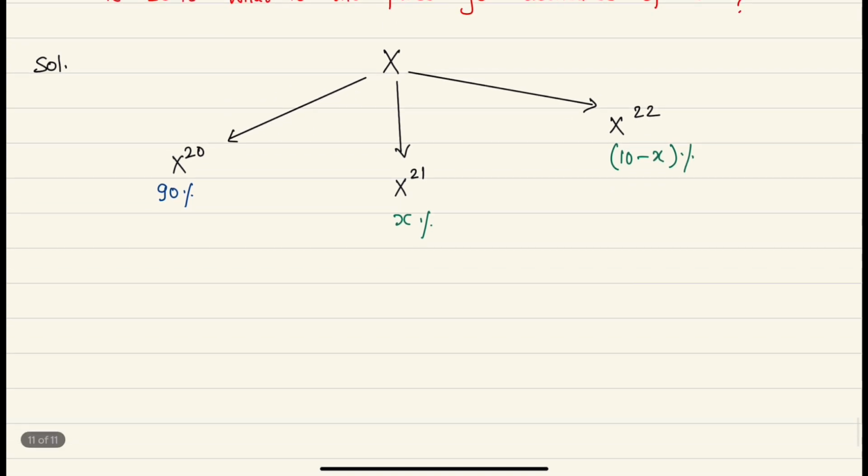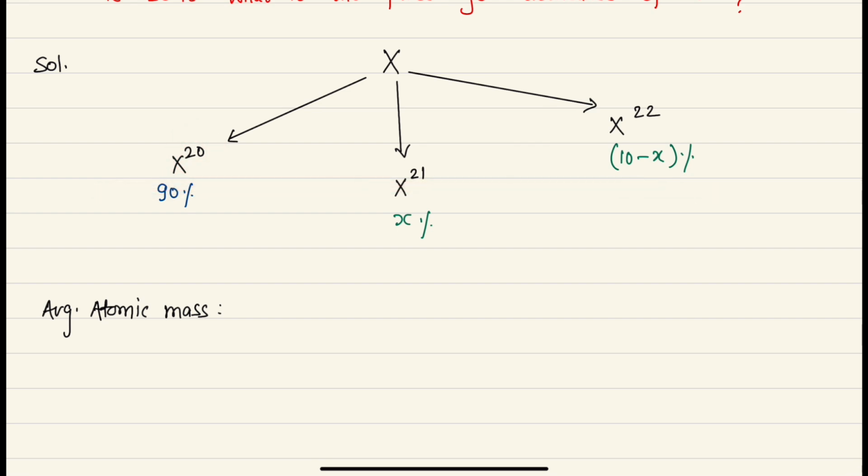Right. Now apply the simple logic for how to find the average atomic mass. Average atomic mass, I told you, right, how to find. Simply take the percentage of each isotope times its mass number and add all.